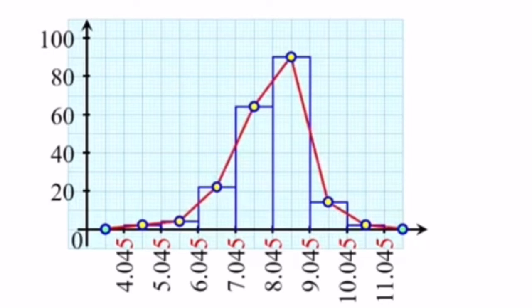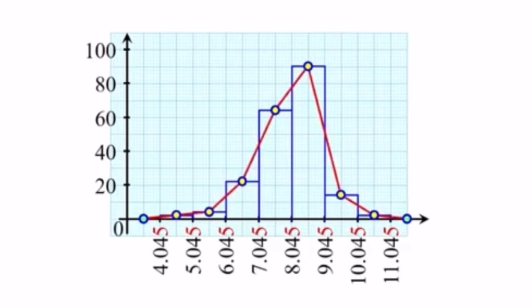And last but not least, for all the graph, we need to label. Labeling of the vertical axis and the horizontal axis is compulsory. Okay, so no labeling will cause your graph to be deducted marks. So the horizontal axis is number of hours.